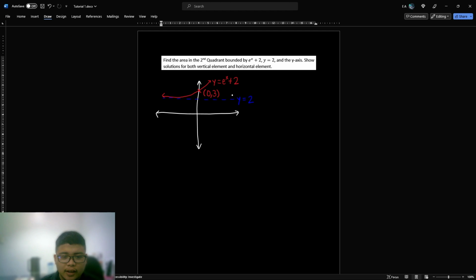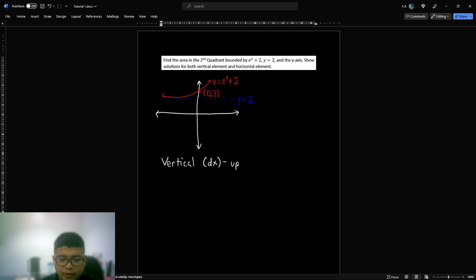It is also stated that we need to provide solutions for both the vertical element and the horizontal element. Let's first use the vertical element, which is basically the dx. We're going to be using the bounds.